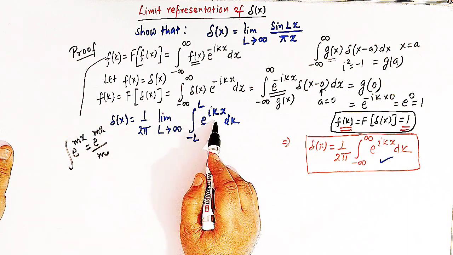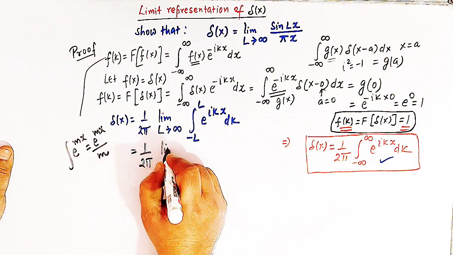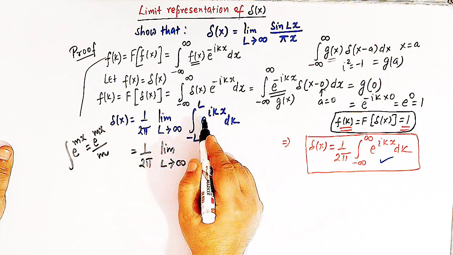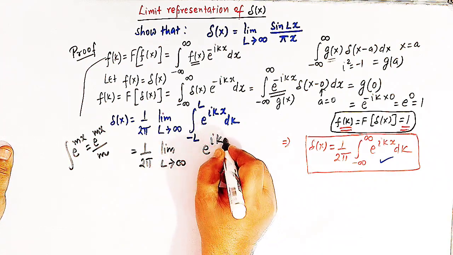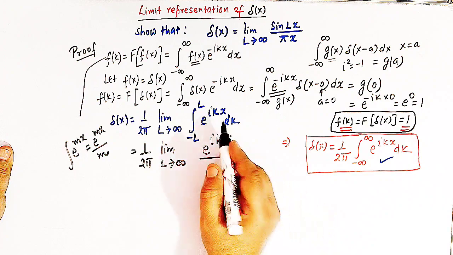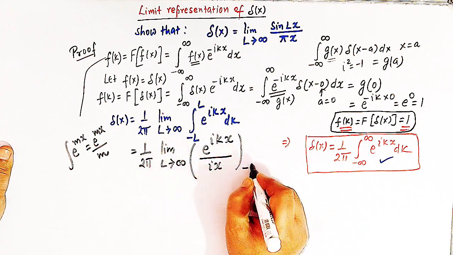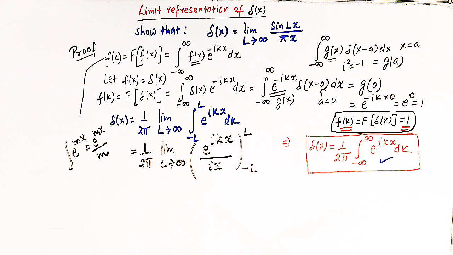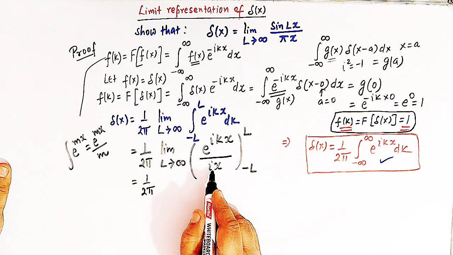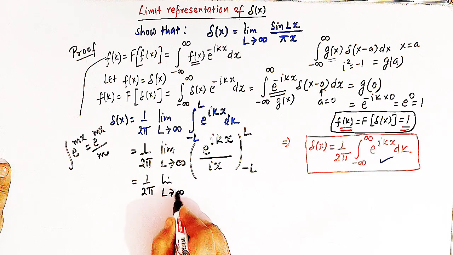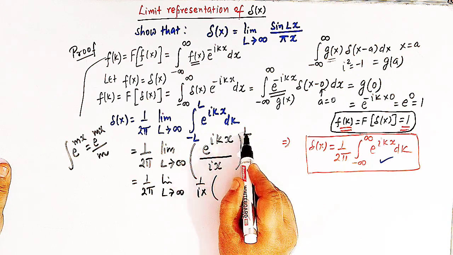So utilizing this result, we can now write 1 over 2 pi, limit L tends to infinity, and the integral gives e raised to ikx, and in the denominator we simply write ix, with the limits minus L to L. To simplify this expression, we write 1 over 2 pi, limit L tends to infinity, 1 over ix, and first we take the upper limit.